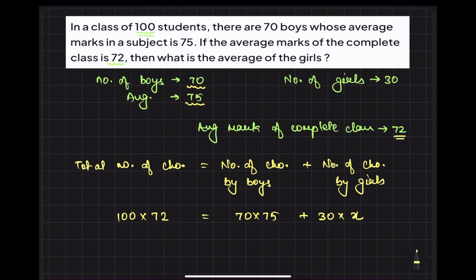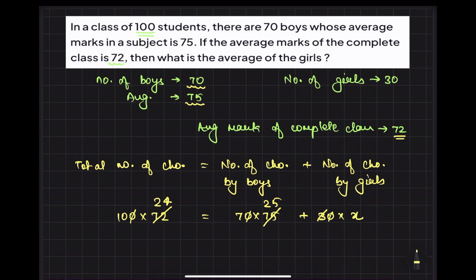Okay, now what I will do, I will divide both sides by 10. So this thing is gone. Now again I will divide all sides by 3. So we got 3 2s are 6, 3 4s are 12, 3 5s are 15, and this thing is gone.